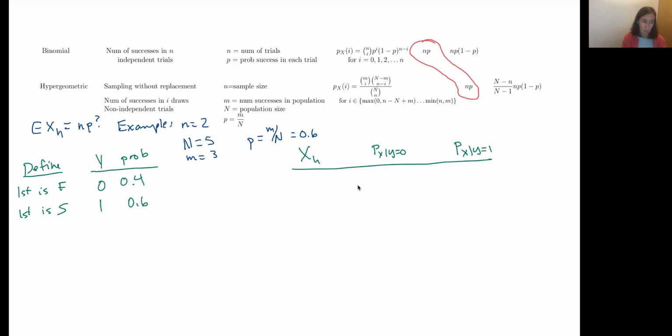Okay, all right. So the possibilities here overall for X, in our sample without replacement of n, we could have 0 successes, we could have 1 success, or we could have 2 successes.